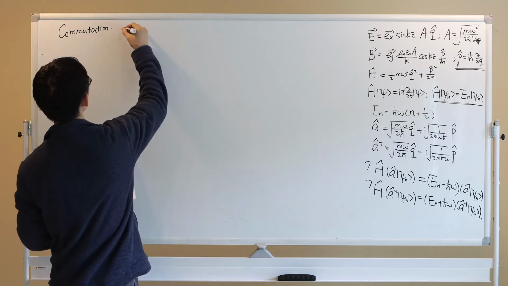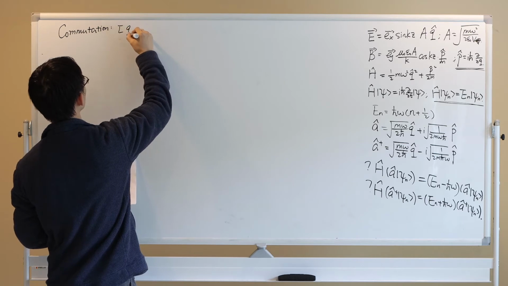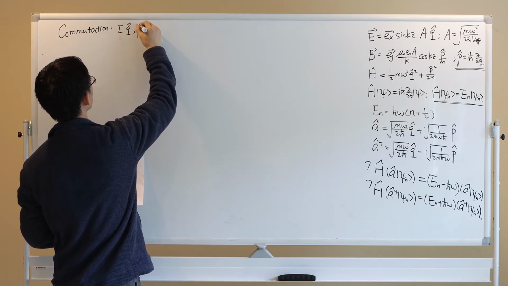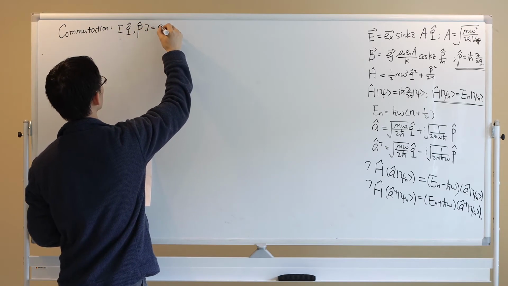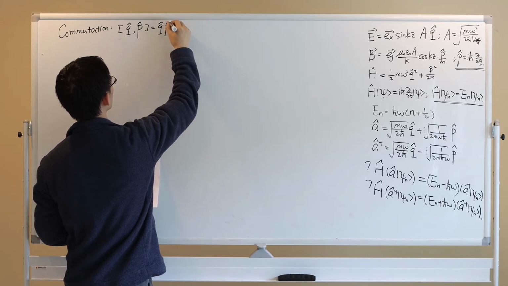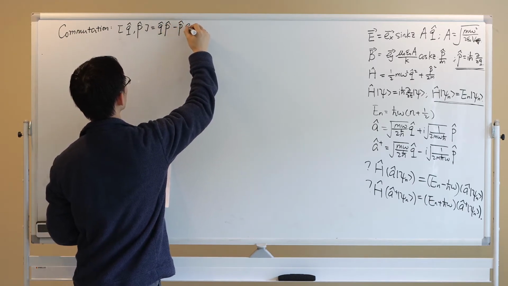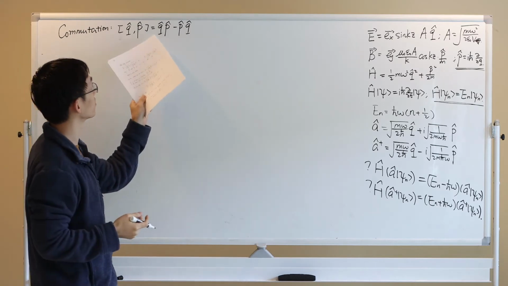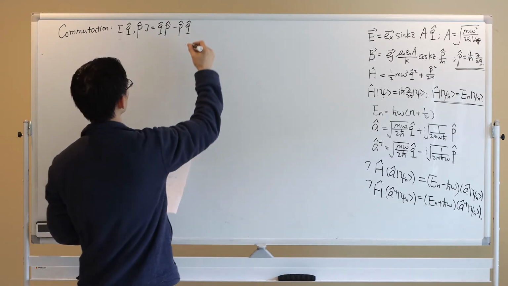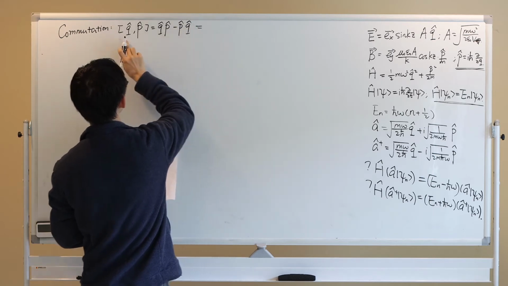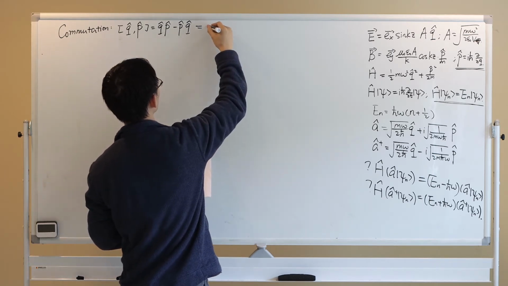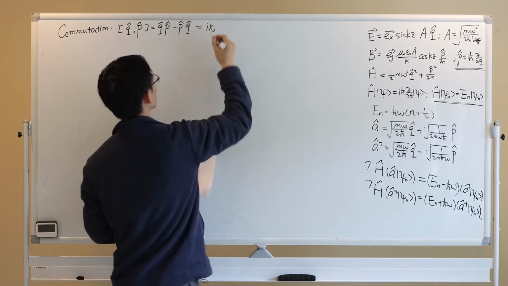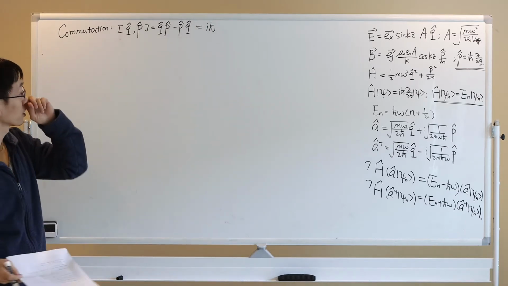So the commutation is defined as [Q, P] equals QP minus PQ. It's like the difference when you change the order. And it's very interesting that if it's position and momentum, then what you will see is not 0, but a number, i h bar.